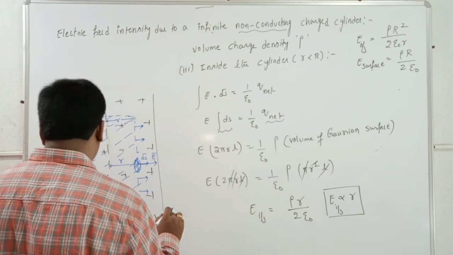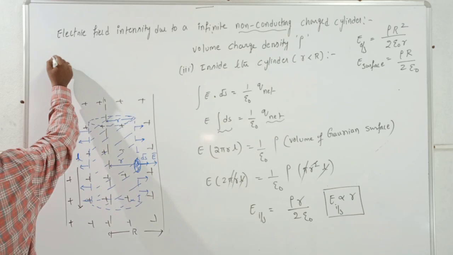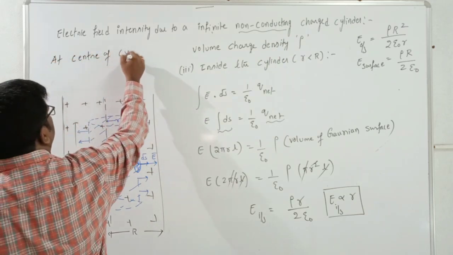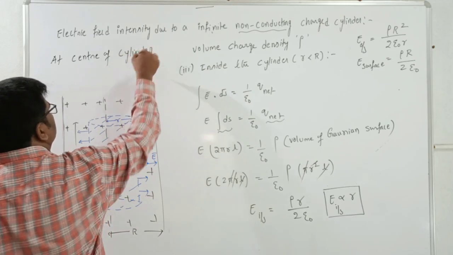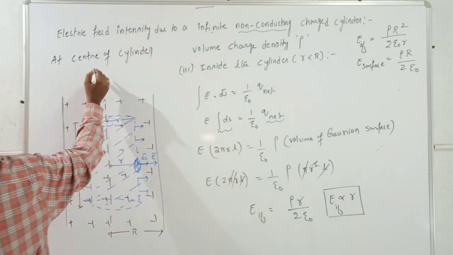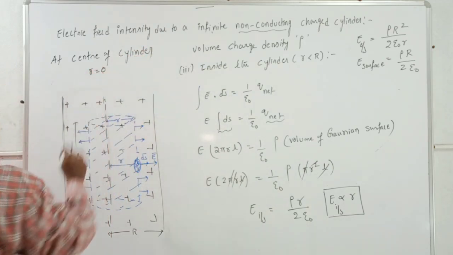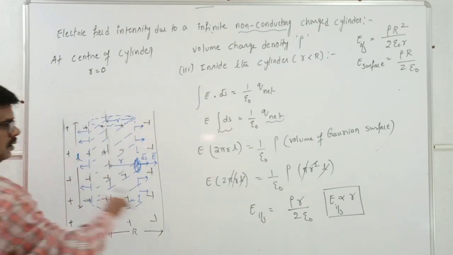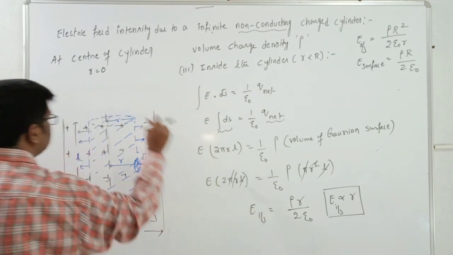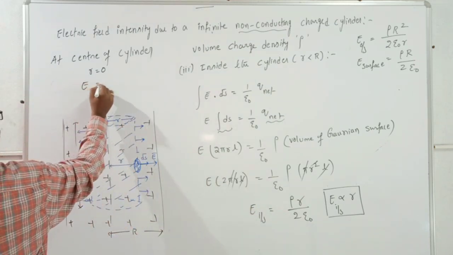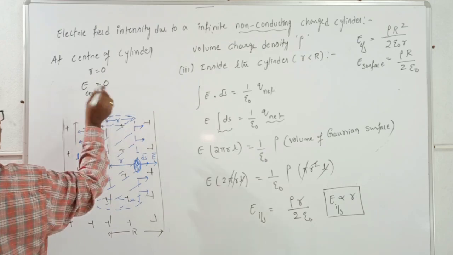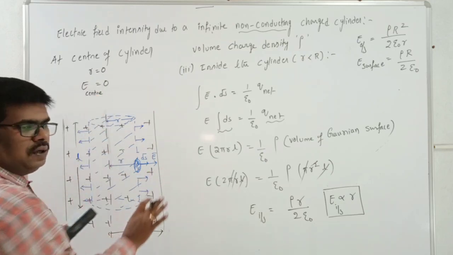At center of the cylinder means r equal to 0. If r is 0, this expression changes, that is, electric field intensity E becomes 0. So E is 0 exactly at the center, but inside it is not 0.